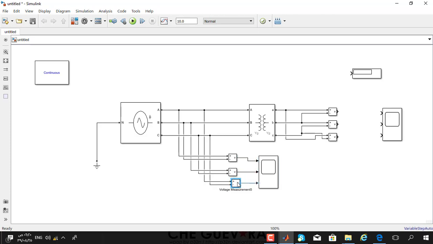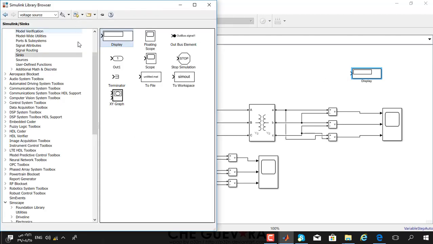We connect them even here. Okay, so for the display we need something called RMS, which we can find in the library.